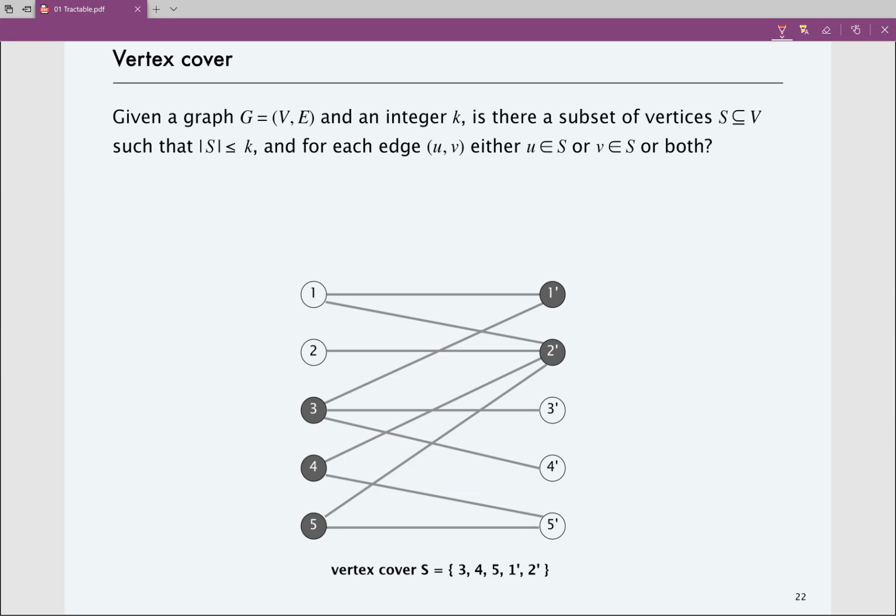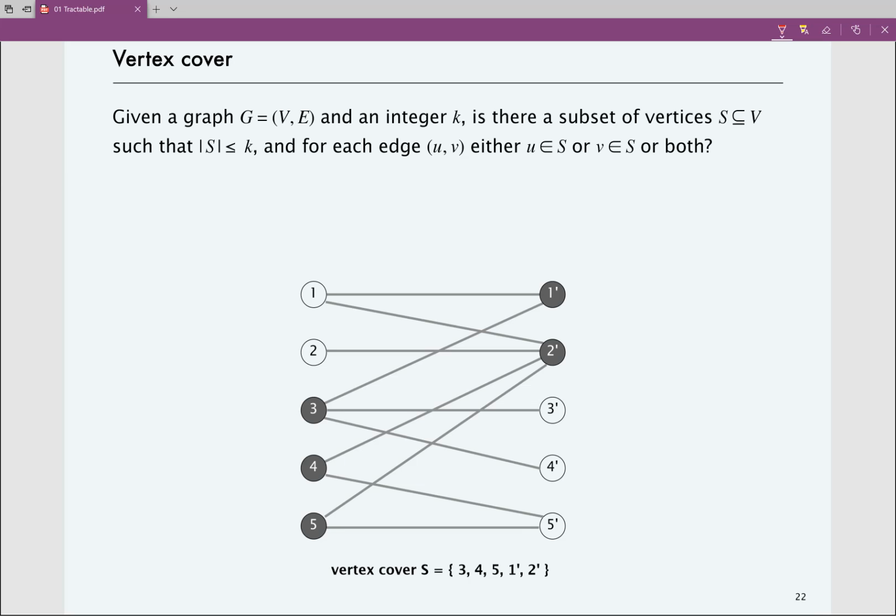Remember that bipartite graphs are ones where you can take a set of vertices and split them into two sets, let's call them the left set and the right set. The only edges in the graph are ones between the left vertices and the right vertices. You don't have any edges between the left vertices, and you don't have any edges between the right vertices.